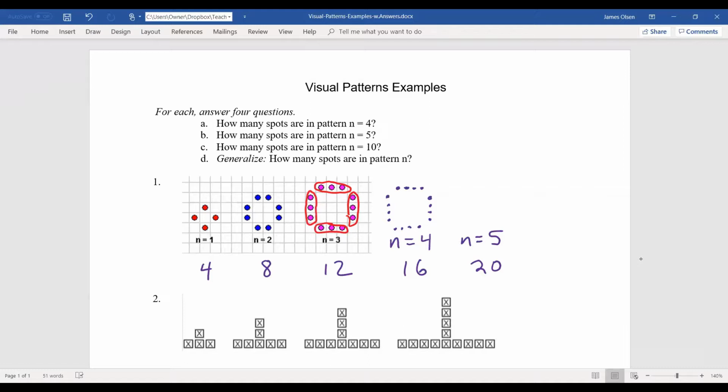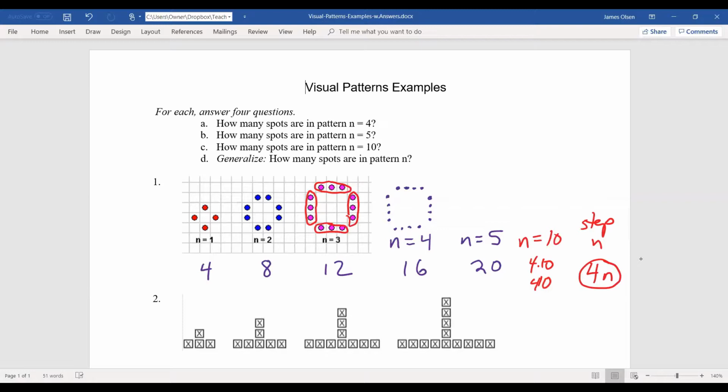So for n equals 10, we're going to have 4 sticks of length 10, which is 40. And now for step n, we're going to have 4 sticks of length n. There's our algebraic expression.